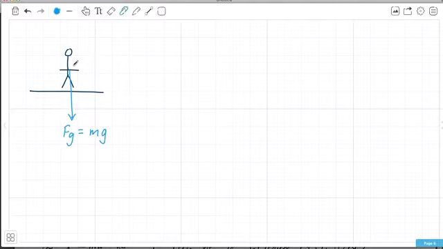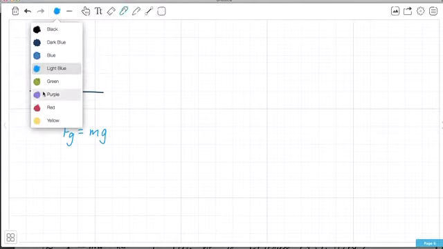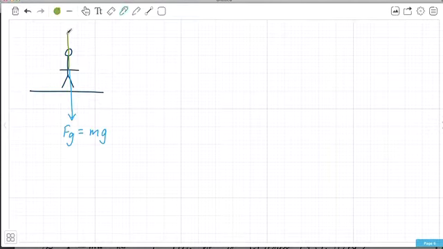Now, in order for that person to not sink into the ground and be swallowed up and die, there is actually a force pushing back up, the earth pushing back up on the person. This is what we call our reaction force, R. And in order for this person to stay where they are, the reaction force has to be equal to the force that's down, so that our person stays on the level ground. So this is an example of Newton's third law, where you've got a force going up, a force going down, and they're equal. Okay, so we don't have any motion.